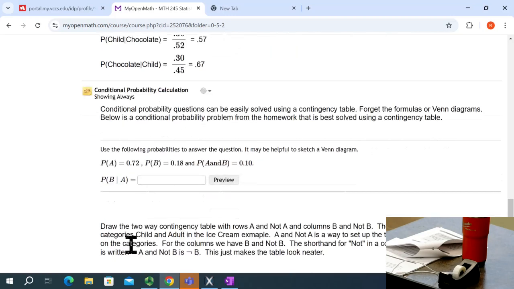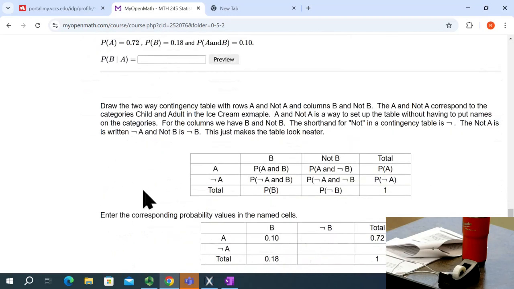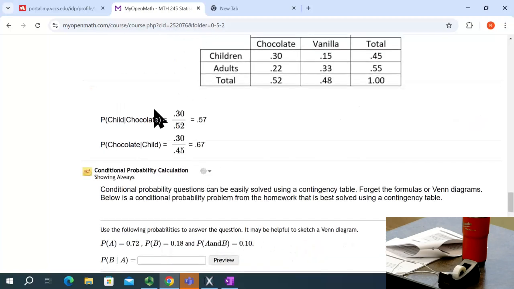A and not A, B and not B. So if we add here, the probability of A is A and B and A and not B. Probability of not A is over here. This is the probability of adults in this table. Probability of adults is 0.22 plus 0.33. So this is what's going to show in the homework.